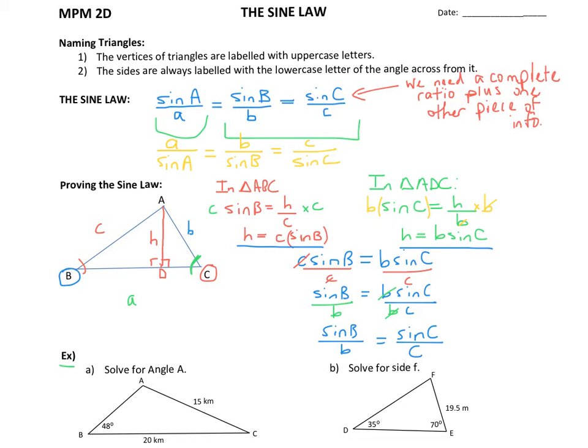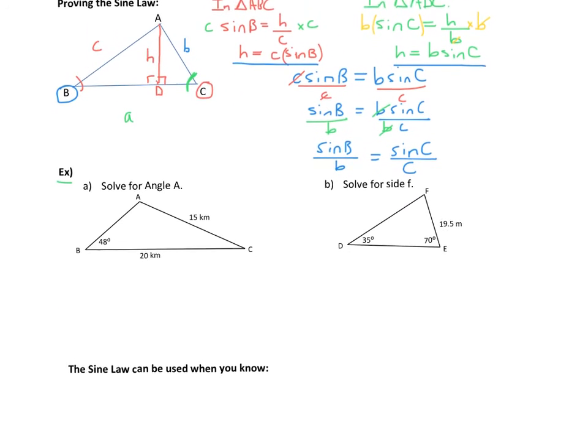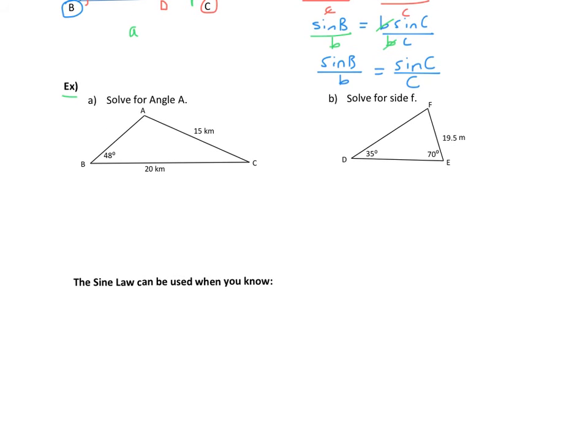Okay, so let's look at this example now. I have been given angle B, and I know side B. So that is my complete ratio. I want to solve for angle A, and I have side A here.